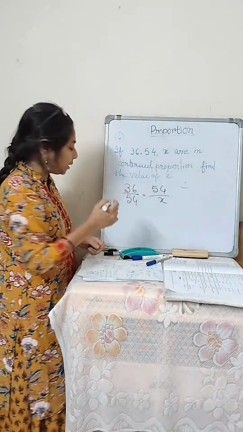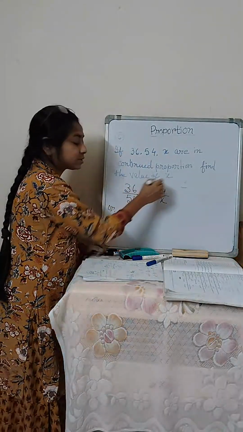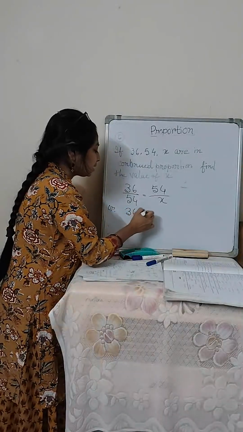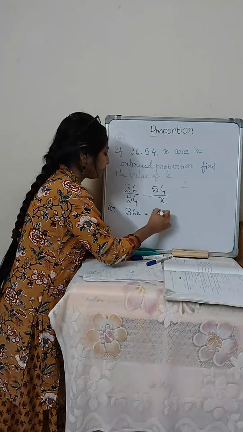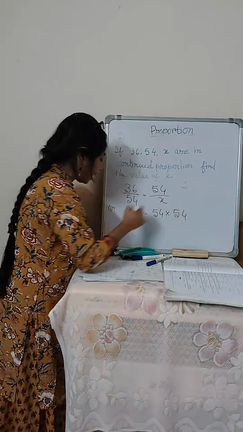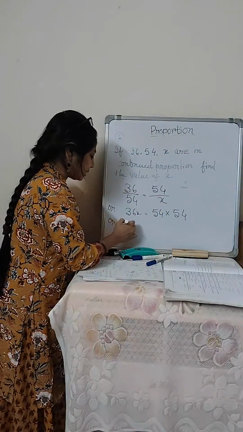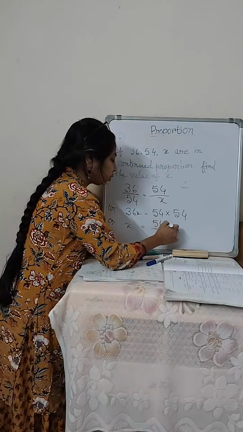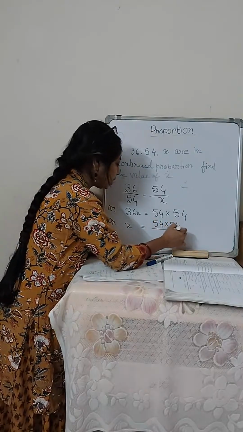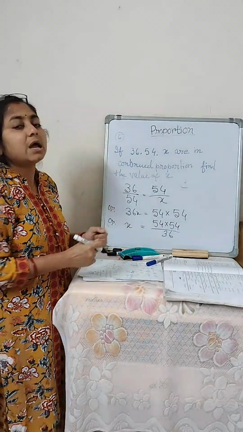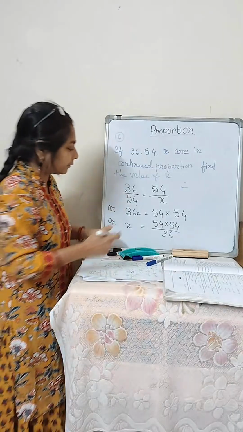Now as a normal x value, how can I do cross multiplication? Means 36x is equal to 54 into 54, or x is equal to 54 into 54 by 36. Do not need any multiplication, just write it and make it simplified.